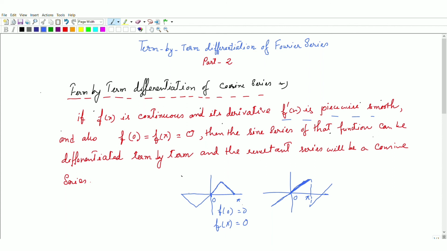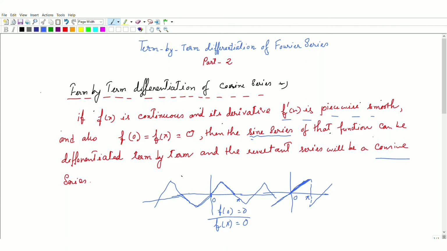After doing the odd extension and then the periodic extension, there will not be any discontinuity in these odd functions. If this is the condition, we can do term by term differentiation of that sine series, and after differentiation you will get the cosine series.